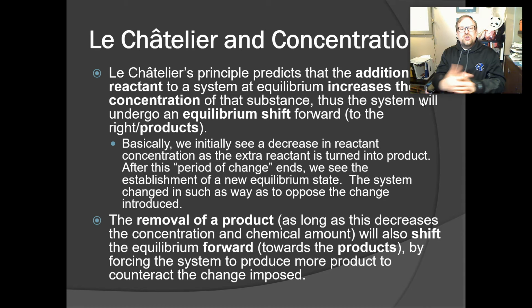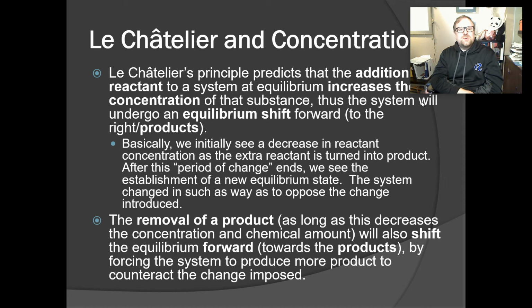So that reaction chamber has more reactant in it, which increases the concentration of the reactants, and Le Chatelier's principle means that the system is going to act to oppose that change. How is it going to oppose that change? It's going to shift to the right, using those extra reactants to make more products.